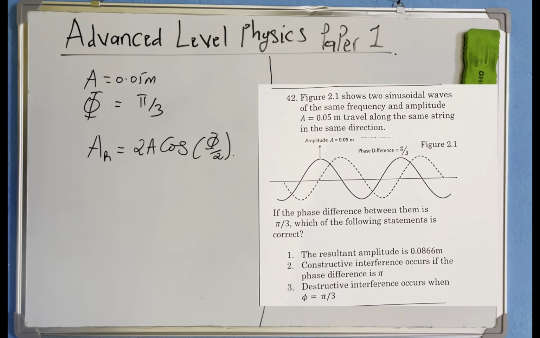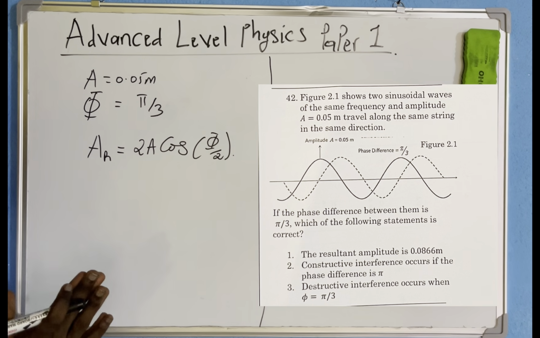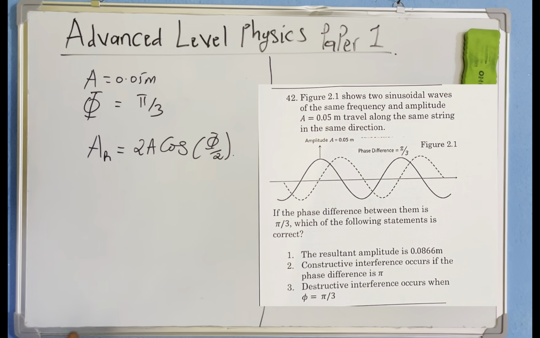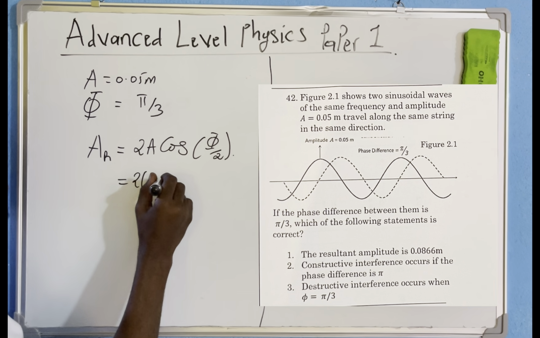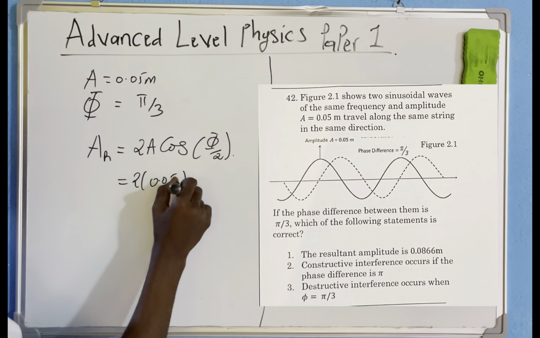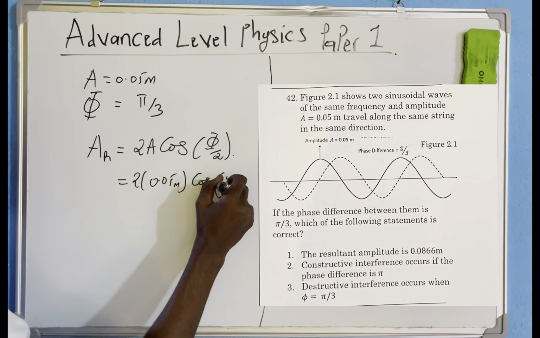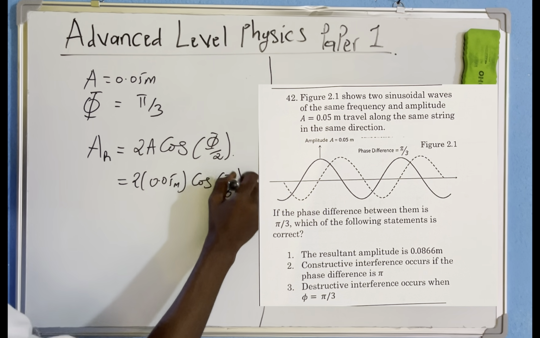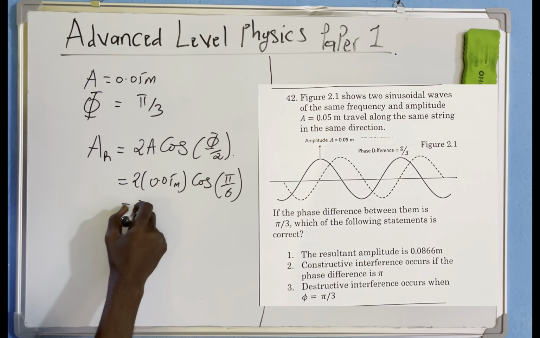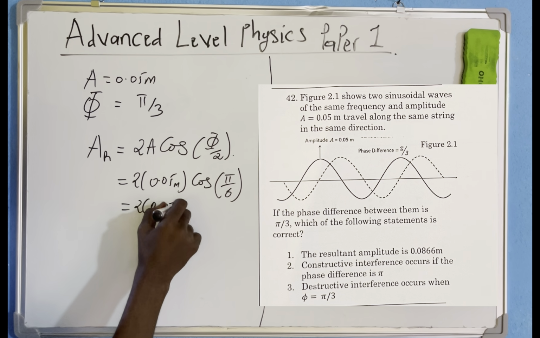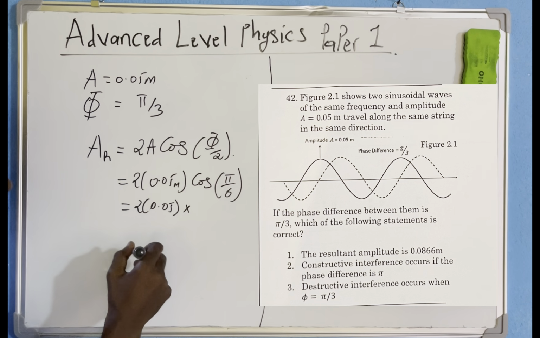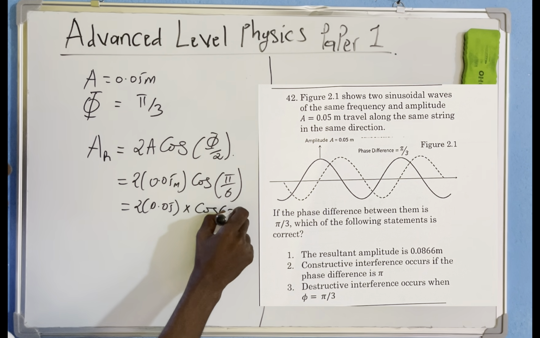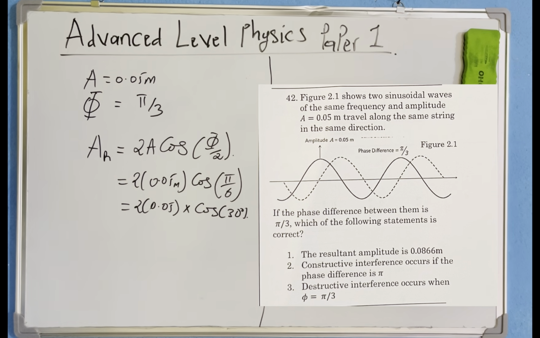So I will have 2 into 0.05 meters times cos of pi divided by 2, which will be pi over 6, which is 30. So it's cos 30 degrees.